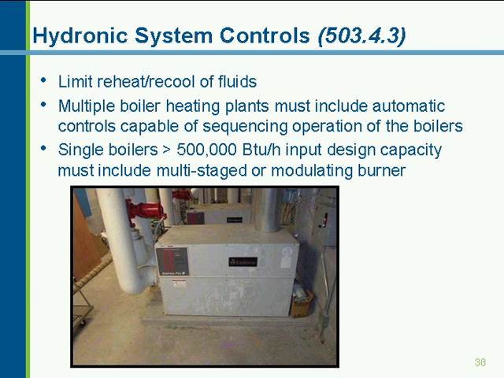There are a number of hydronic system controls. There are limits to the reheating and recooling of fluids. There are requirements for multiple boiler plants to include automatic controls that sequence the operation of the boilers. And if you've got a large single boiler plant greater than 500,000 BTUs per hour, you must include either a multi-staged or modulating burner.